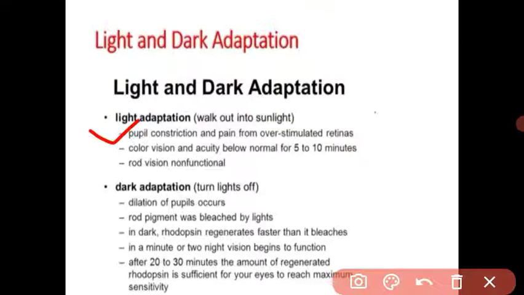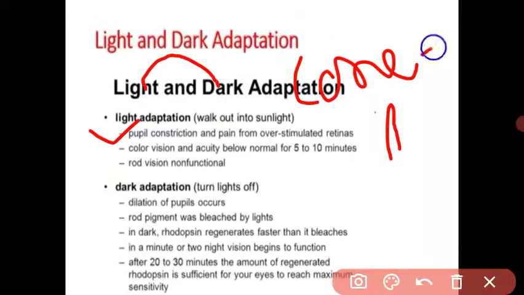See students, when we are playing, standing in the ground at 12 o'clock in the afternoon, you can see there is very bright light, but when you enter from bright light into a dark room, what happens? For a few minutes you are not able to see, because you know that there are two types of cells present in your retina: cone cells and rod cells.